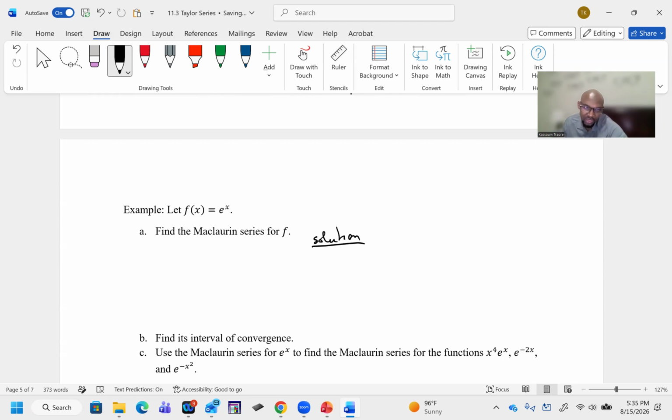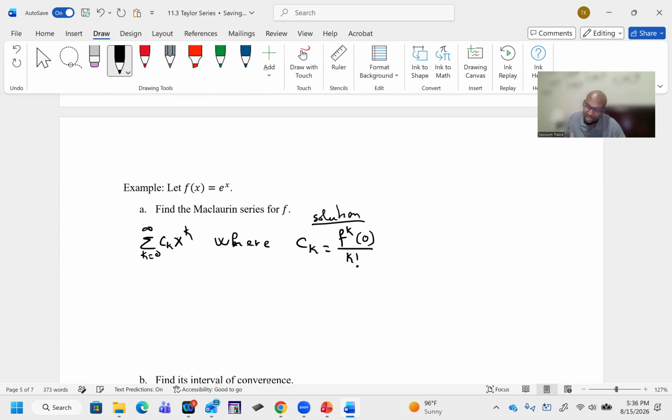So we know the Maclaurin series will have the form sum from k equals 0 to infinity of c sub k times x to the power of k, where c sub k is equal to the kth derivative at 0 divided by k factorial, right?